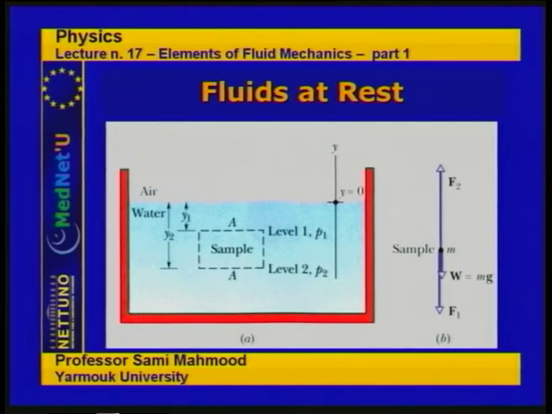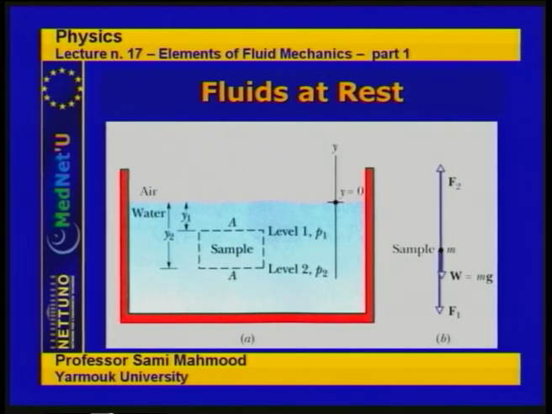This figure shows the surface of the fluid, which is set as y equal to 0. So the origin of the coordinates, which is necessary for the study of the mechanics of a system, is set at the surface of the fluid in the container.